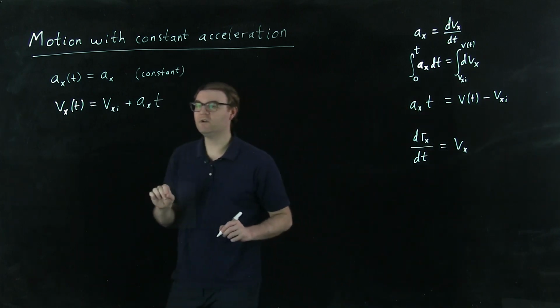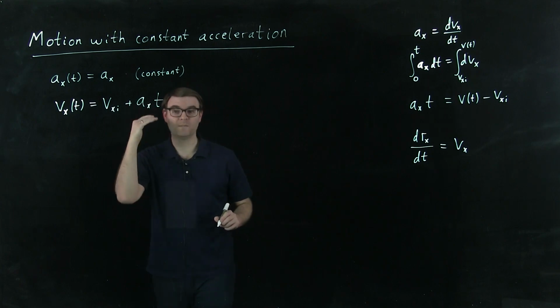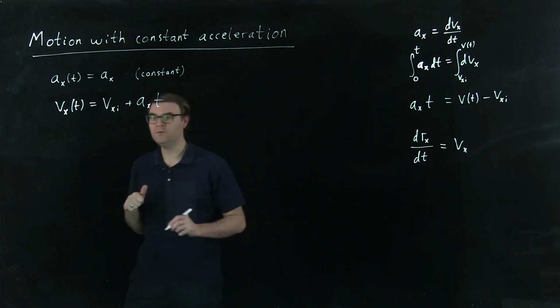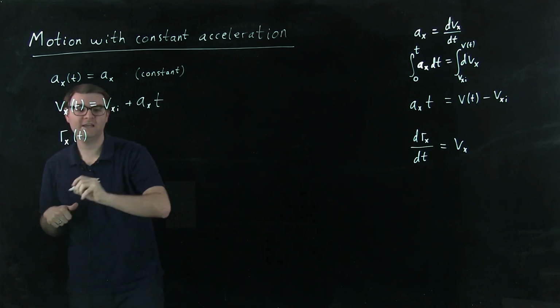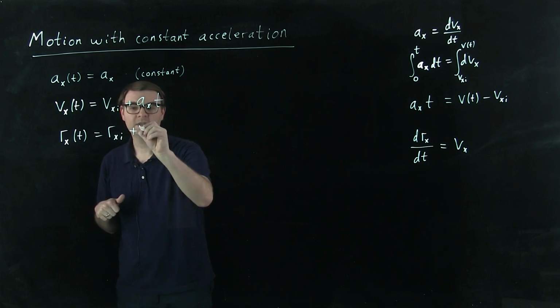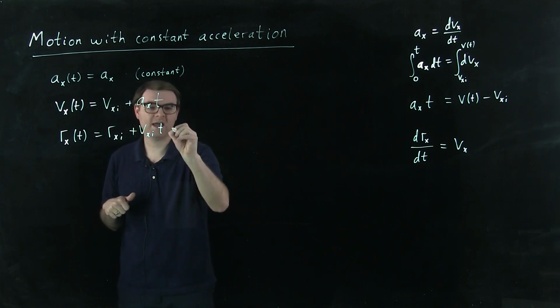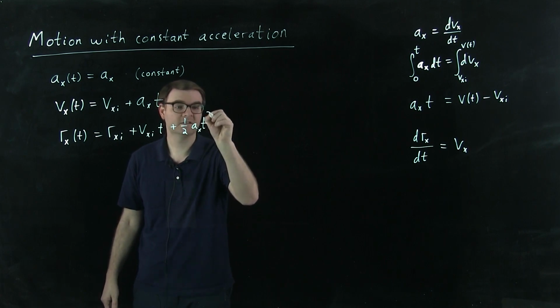And when I integrate it, you can see that this piece is going to pick up a time, and this piece is going to go from t to t squared over 2. And I'll go ahead and write that down. So you're going to get rx of t is equal to rx initial plus vx initial times time plus 1/2 ax t squared.